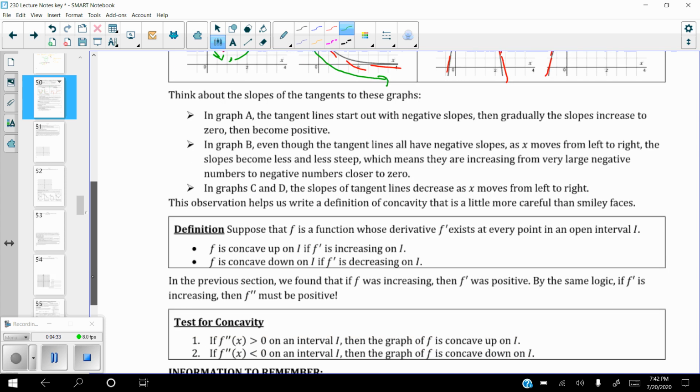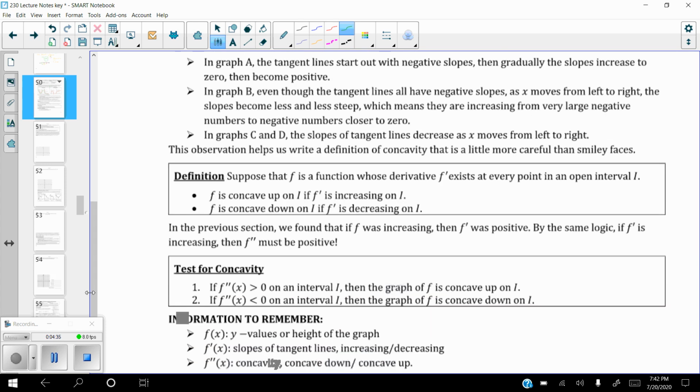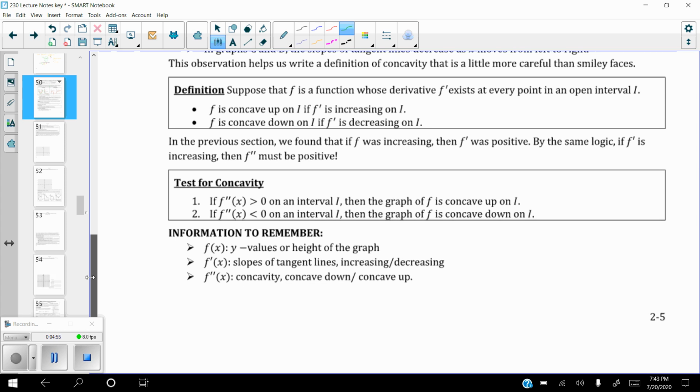And then vice versa, I'm not going to draw this one, but f is concave down if f prime is decreasing on that interval. In the previous section, we found that if f was increasing, then f prime was positive. If f was decreasing, then f prime was negative. The same exact idea is going to work here for concavity.